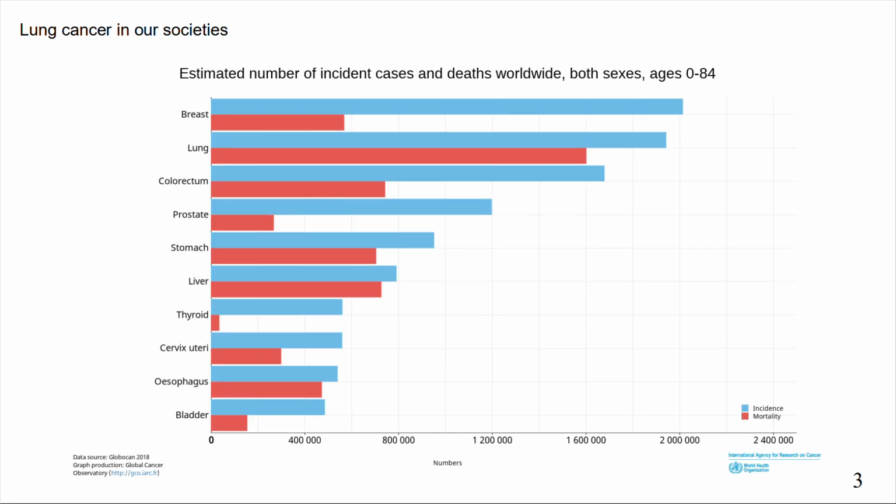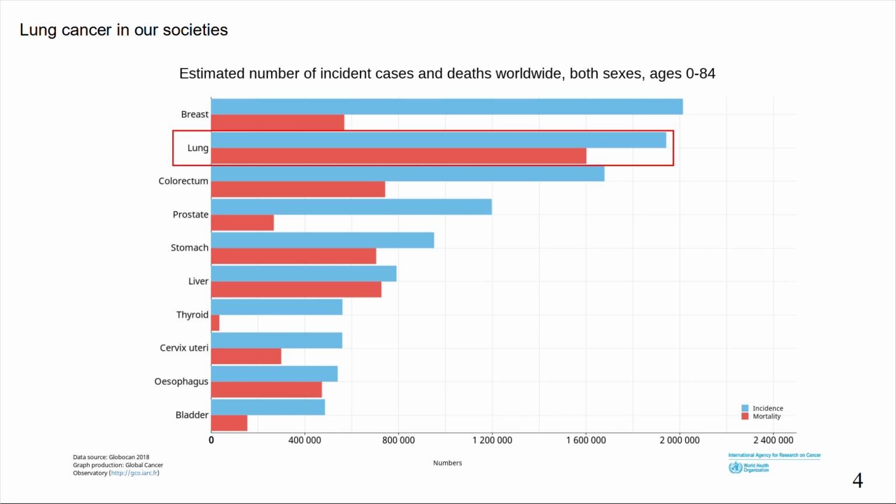Lung cancer is, along with breast cancer, the most incident cancer worldwide according to Global Cancer Observatory data of 2018, and at the same time it is by far the cancer that has the highest mortality.